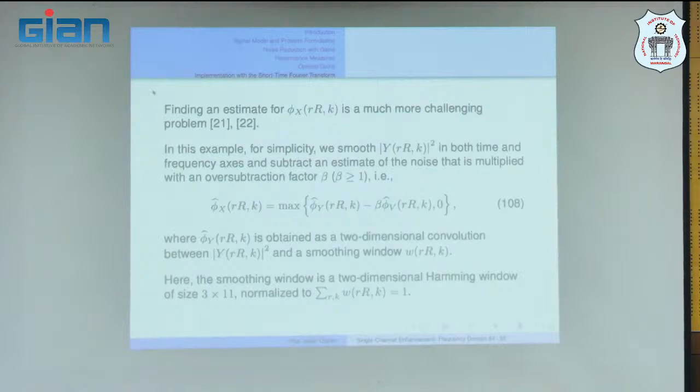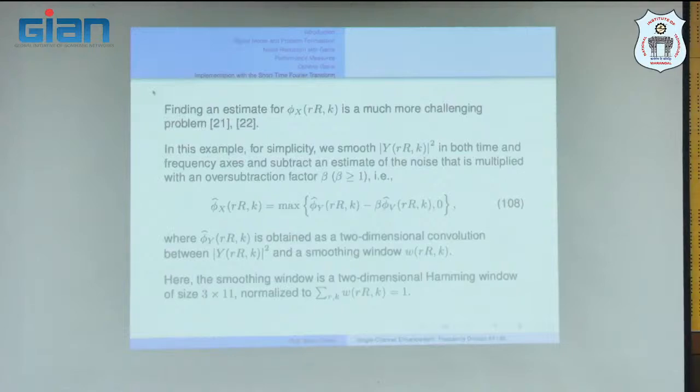So this implies this. But this is true for the true variance, not for their estimates. That's why if we try to estimate phi x hat using phi y hat, an estimate of the variance of y, minus the variance of v, we cannot do that, because maybe it's negative. These are estimates, so it's not satisfied for the estimate. So we put here the max between this and 0, because we want it to be larger than 0.